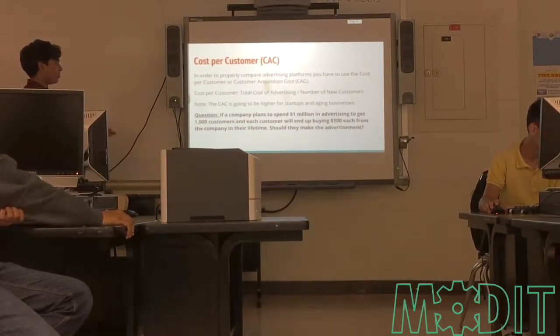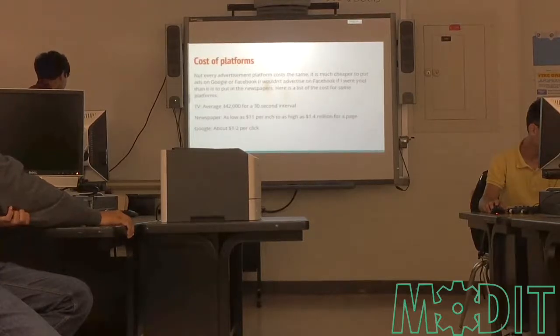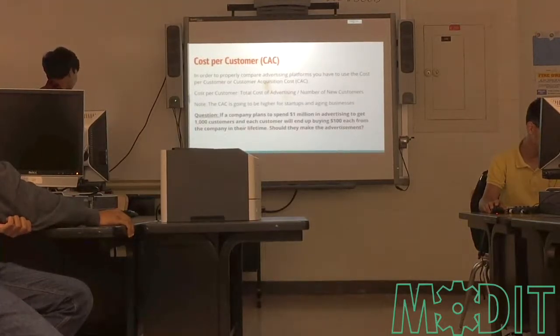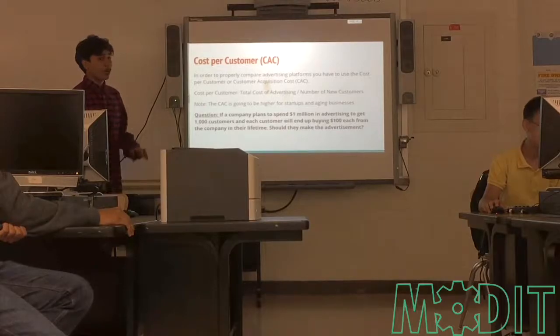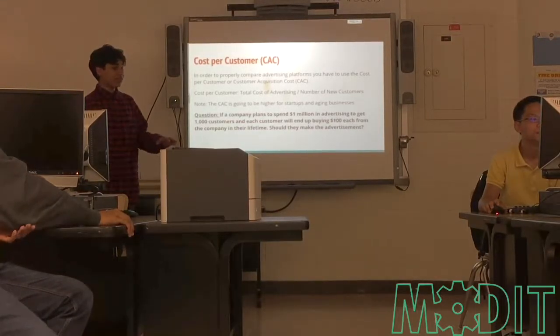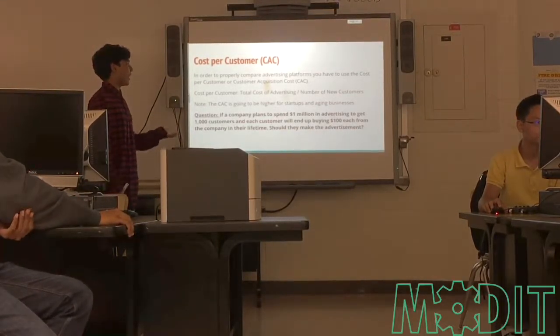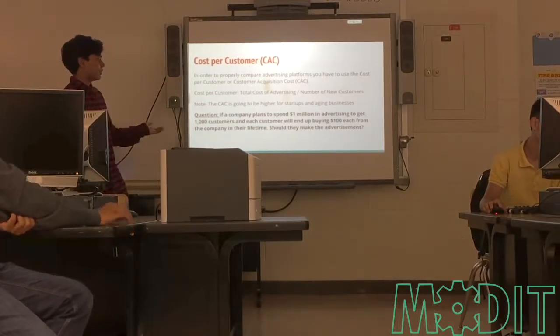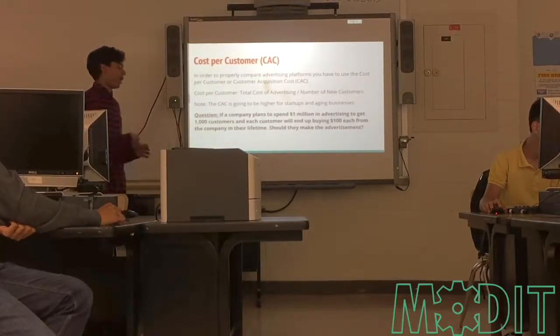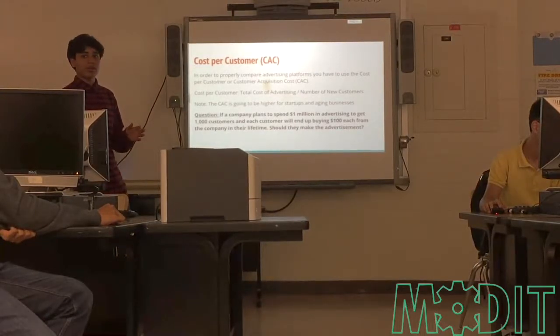So this is where we combine the 2 previous slides, the cost of platforms and following your target audience, into the cost per customer. This is also known as CAC, the customer acquisition cost.